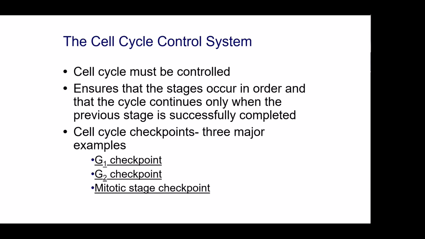A G1 checkpoint indicates whether it's ready for the S phase, ready for DNA replication. A G2 checkpoint ensures that the DNA replication in the S phase has happened successfully. And then after the G2, there is a mitotic stage checkpoint where it determines whether it's okay to go into the full mitotic process, separating the genetic information within the nucleus of the cell.